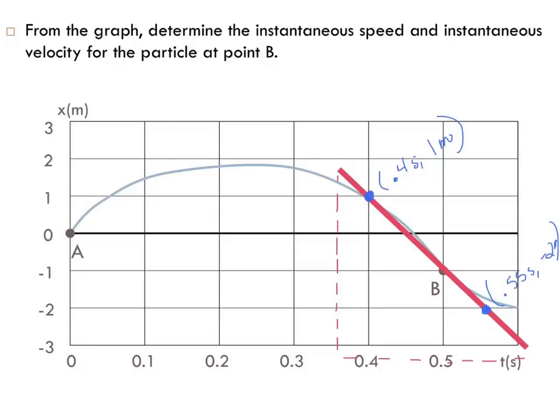So the slope of that line would be -2 meters minus 1 meter divided by 0.55 seconds minus 0.4 seconds.